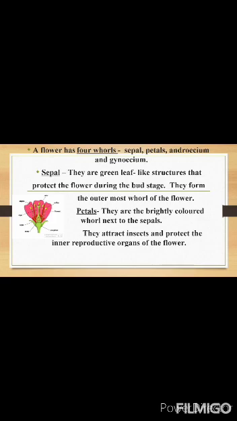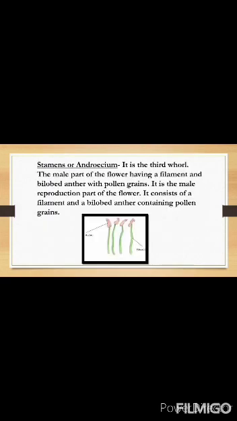Second one, petals. They are the brightly colored wall next to the sepals. They attract insects and protect the inner reproductive organs of the flower. Stamens or androecium.